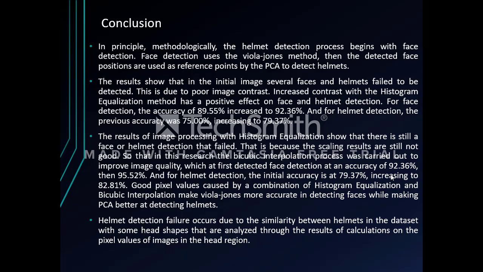Good pixel values caused by a combination of histogram equalization and bicubic interpolation make Viola-Jones more accurate in detecting faces, while making PCA better at detecting helmets. Helmet detection failure occurs due to the similarity between helmets in the dataset and some head shapes, analyzed through calculations on the pixel values of images in the head region.